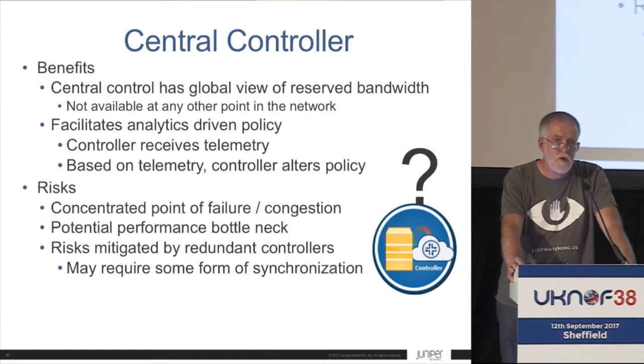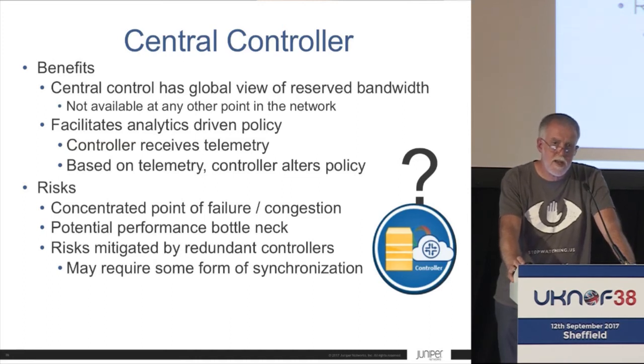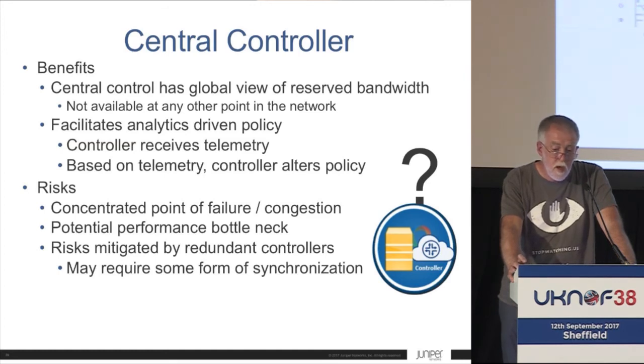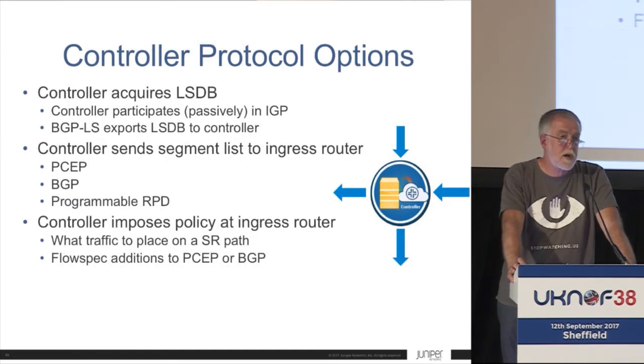You have potential performance bottleneck. But you have the global visibility. And one thing about segment routing traffic engineering is it does not reserve resources in the network. So if you have concern to reserve bandwidth, you need somebody central monitoring that. And then, of course, you need a southbound protocol to handle that.